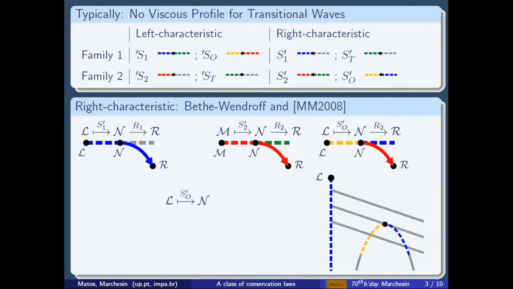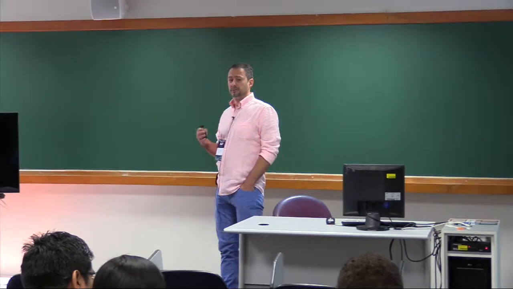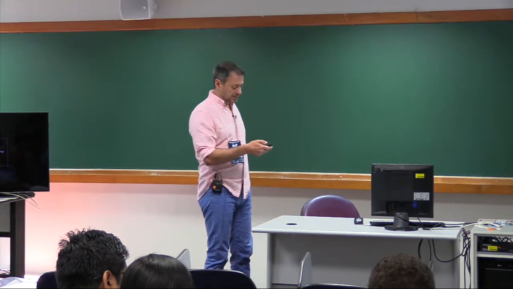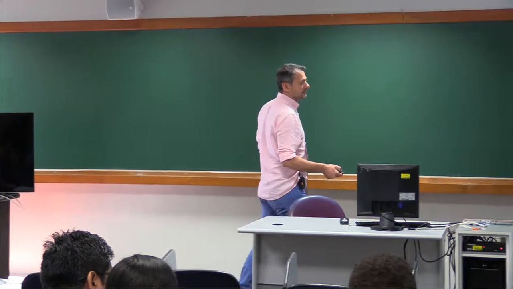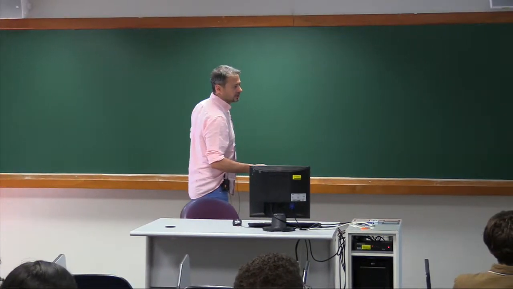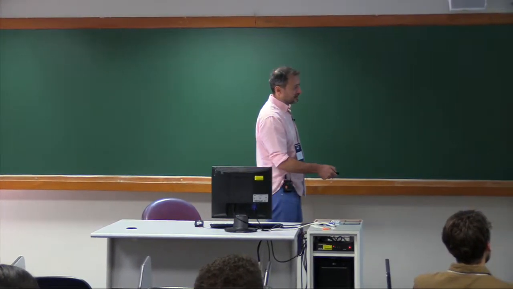Well, usually, despite the Hugoniot curves not being a foliation of the plane, we have some Hugoniot curve that crosses that point, starting at another point here.